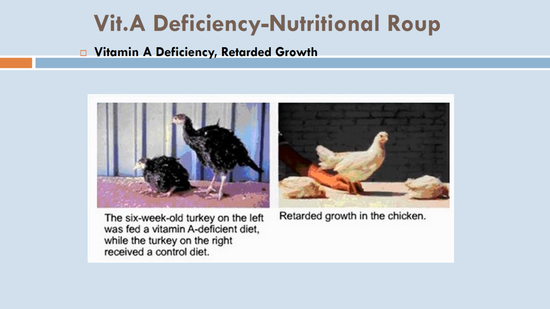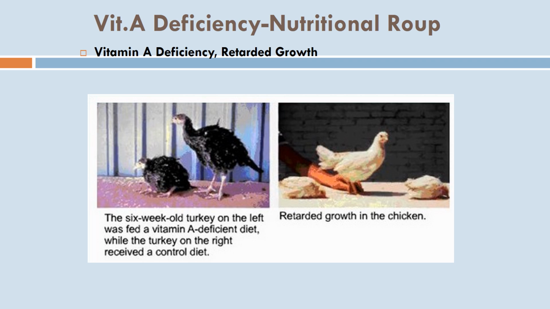Here you can see some signs and symptoms of vitamin A deficiency. There is retarded growth. Here you can compare, in the left side picture, a 6 week old turkey that was fed a vitamin A deficient diet, while the turkey on the right in the same picture received a control diet.